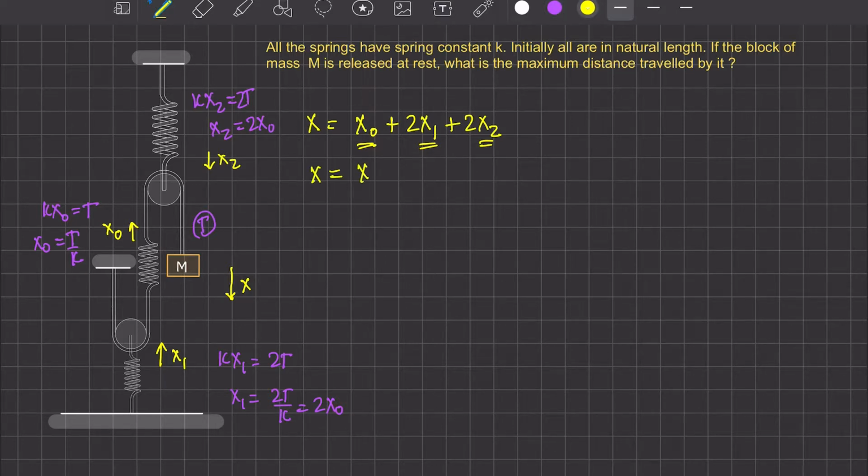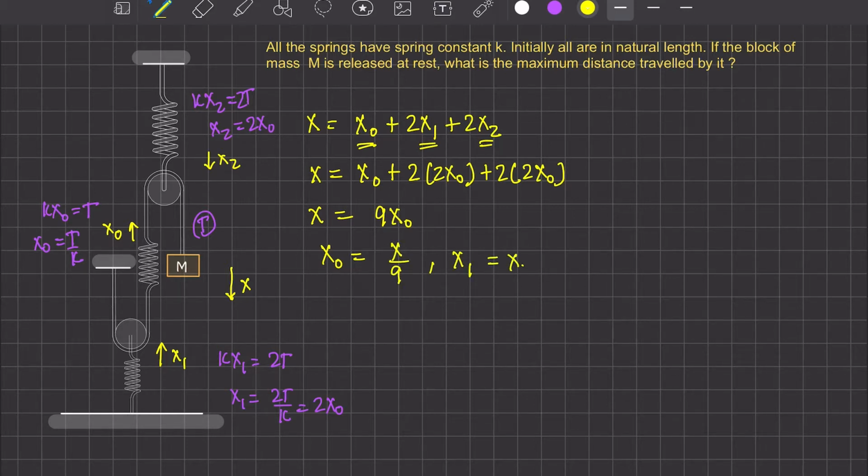So x equals x0 plus 2 into x1, which is 2x0, plus 2 into x2, again 2x0. This gives us 9x0. So we got x equals 9x0. From here x0 equals x by 9, and x1 and x2 are both equal to 2x by 9. We need to find the value of x, remember?